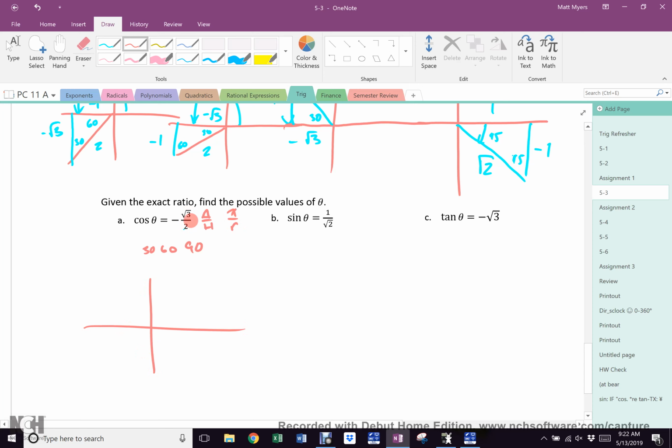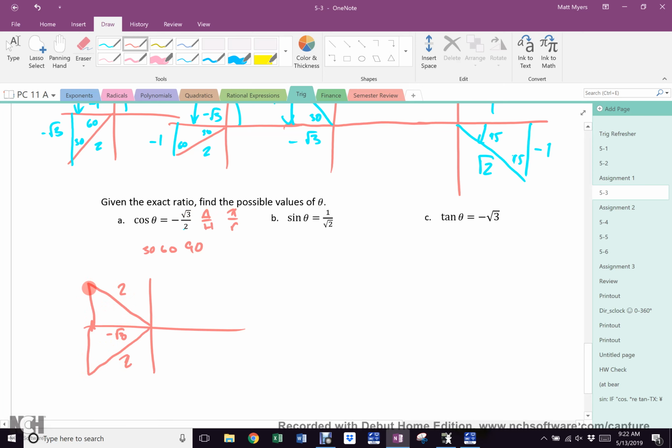So, where are the only quadrants where that root 3 could be negative? In quadrant 2 and quadrant 3, because the root 3 is adjacent and it's X. So there is my negative root 3. The hypotenuse must be 2.